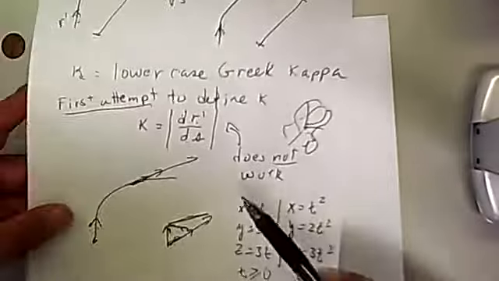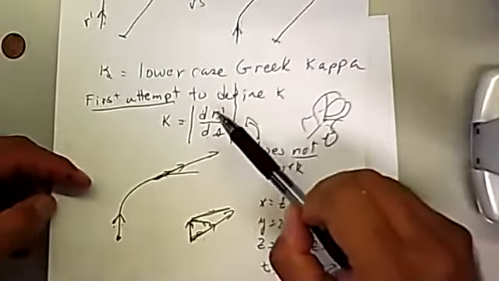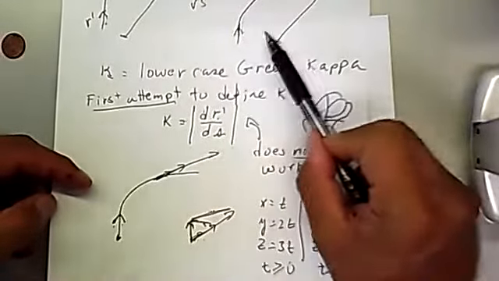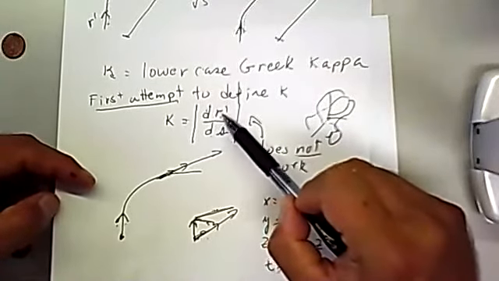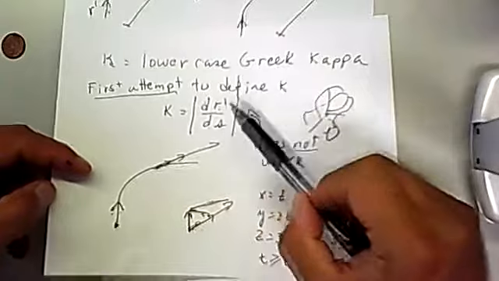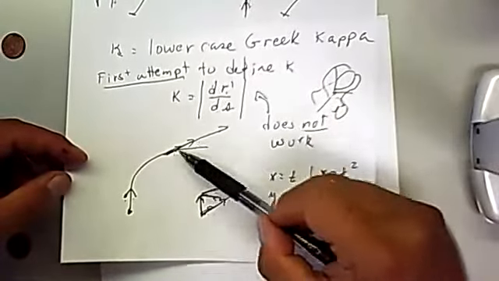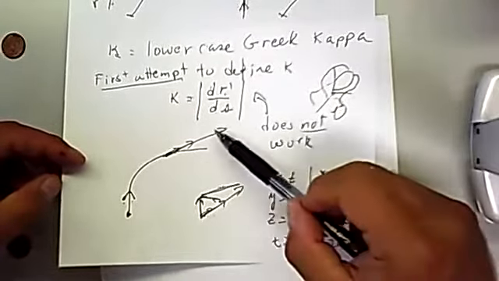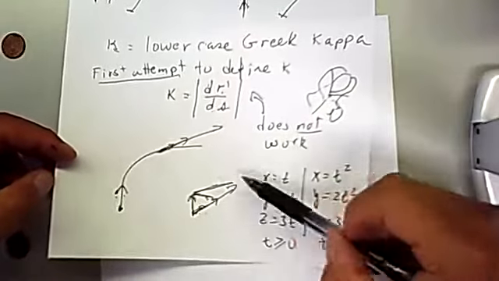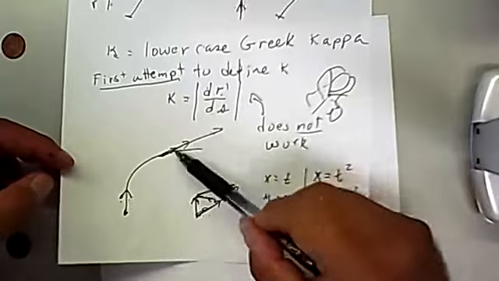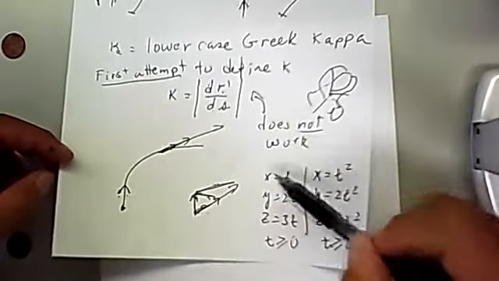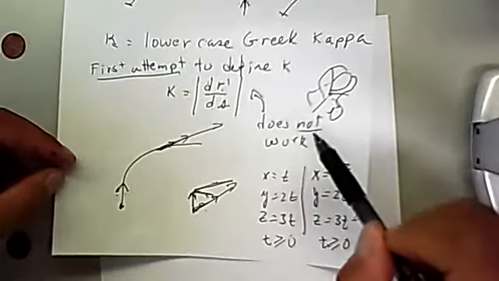Our first attempt to measure how fast something changes was using r prime, but r prime could be longer or shorter. The direction is correct in any of those cases, but the vector itself could be longer or shorter depending on how fast the graph goes.